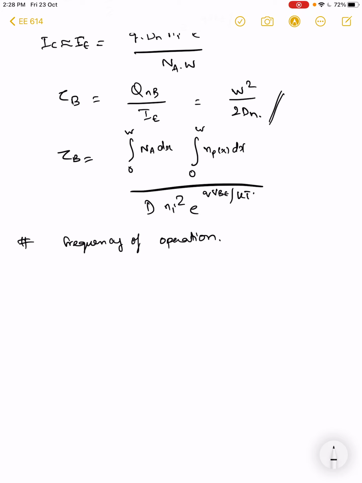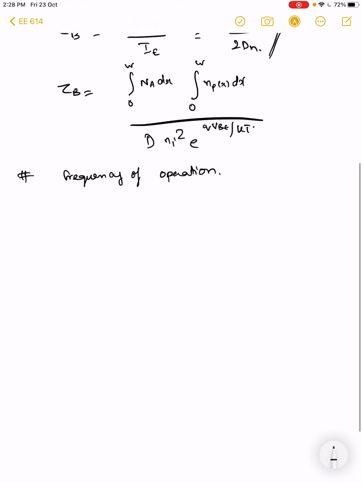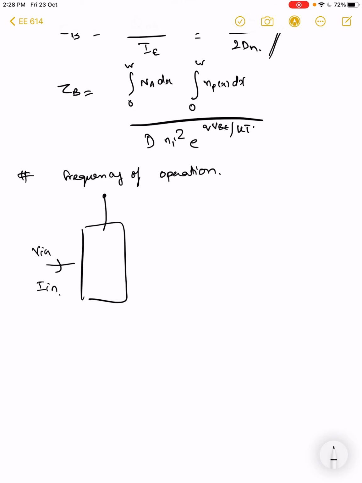So this automatically gives you a feel that you have some sort of an effective capacitance in this BJT device, right? So if we take a block diagram of something like this, you have V in, I in, I out, something like that, right?